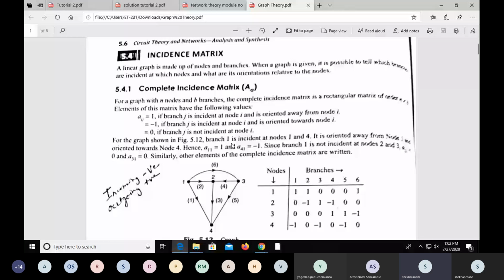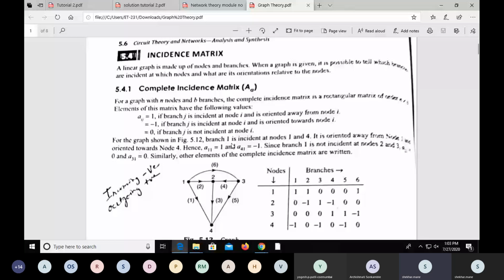So the complete incidence matrix for a graph with n nodes and b branches is a rectangular matrix of order n into b. n into b means n rows and b columns.